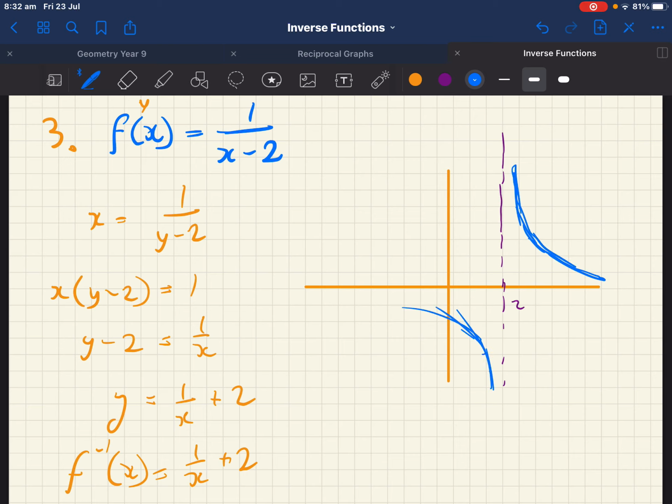By the way, you can see why this function here did have an inverse, right? It passes the horizontal line test. You can't draw a horizontal line at any point that hits this function more than once. And its inverse function, which we did find, was 1 on x plus 2.